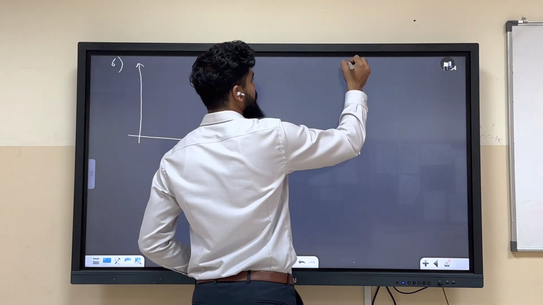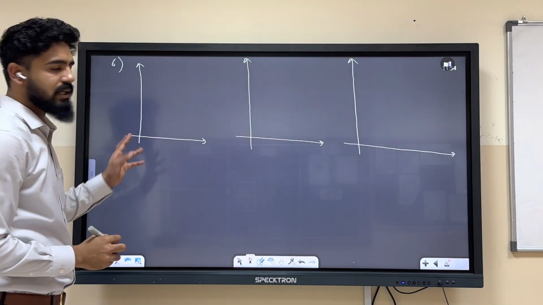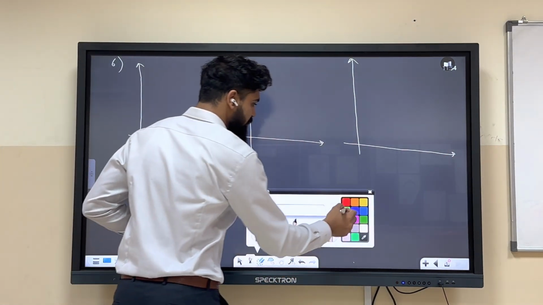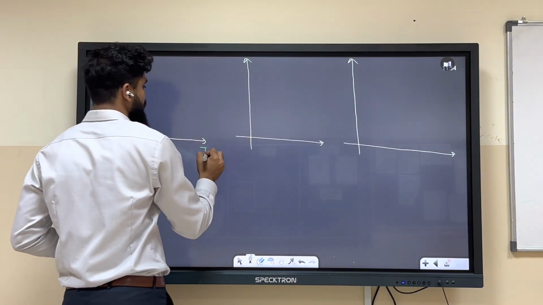In last year's half yearly, they asked on this curve, so a very important curve, resistance versus temperature.